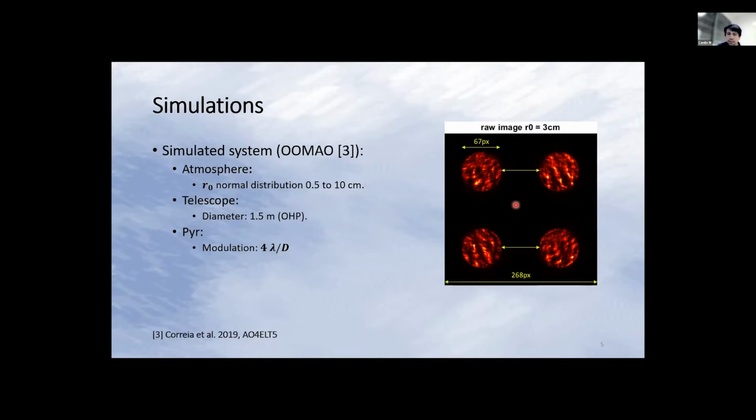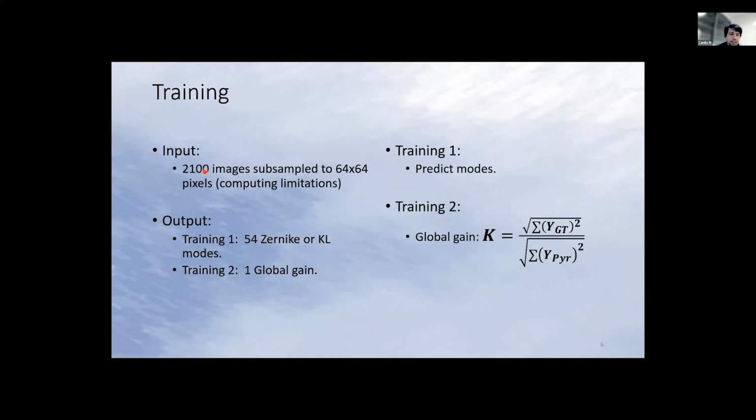And this is a little explanation of the pixels of each image. And for the training, we have an input of 2,100 images subsampled to a low resolution because we have some computing limitation, but it's not a big deal.